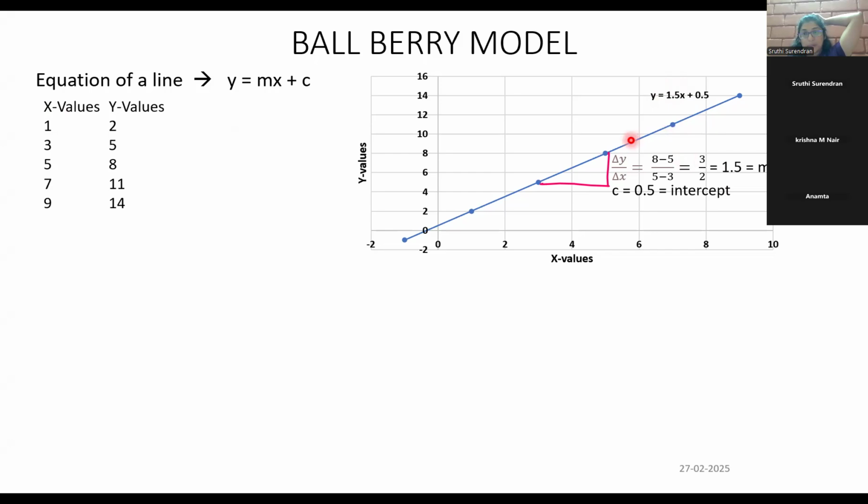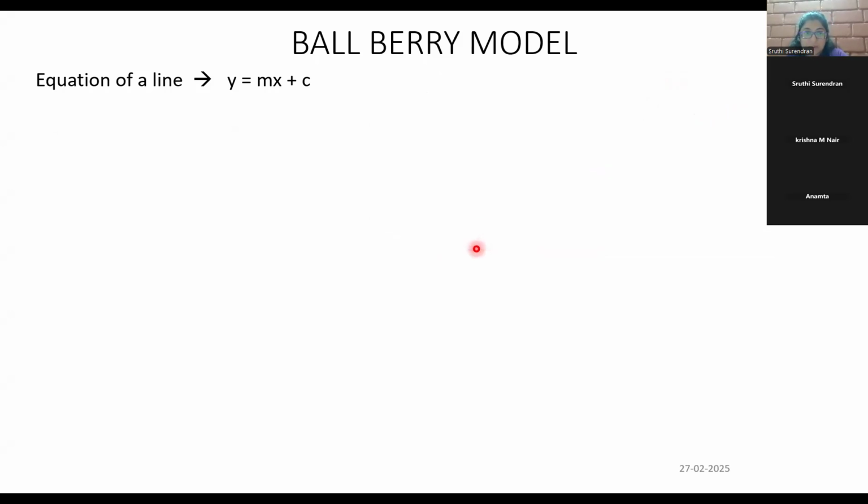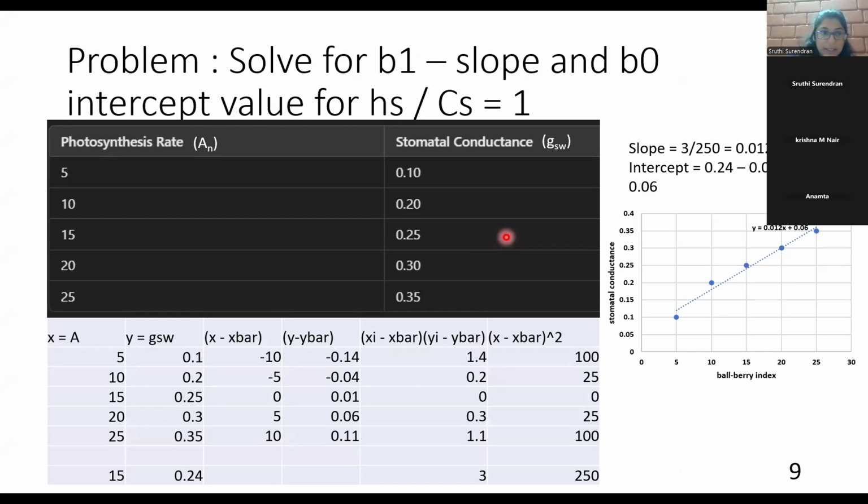This is basically what the slope represents. And the intercept is nothing but, say, suppose this point is not there. If you can see in this graph, the line is only till here.